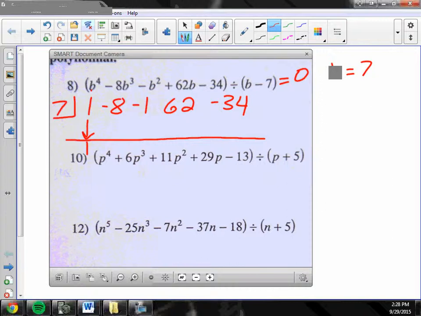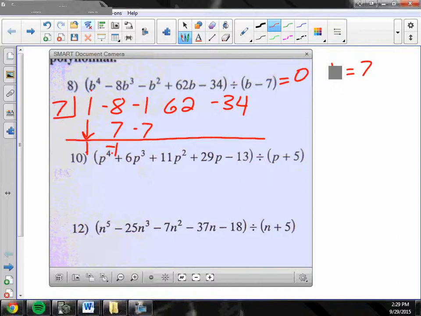And then we're just going to multiply and add all the way across. So we take the 7 from the box and we multiply by 1, and we write it here. And then we just add -8 and 7 equals -1. Now, 7 times -1 is -7.